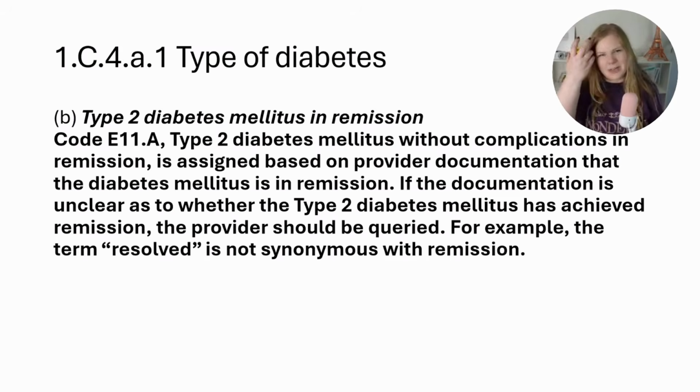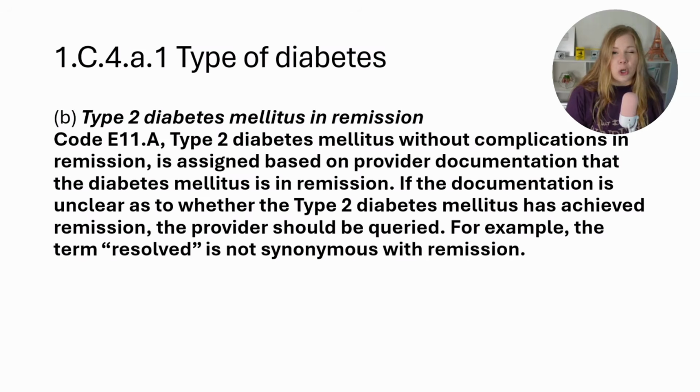Brand new this year and kind of a big buzz is this new code E11.A, type 2 diabetes in remission. This came out of the committee discussions because they said the phrase resolved is sometimes used in notes, but it's not the same as remission. So if the provider documents remission, you assign E11.A.